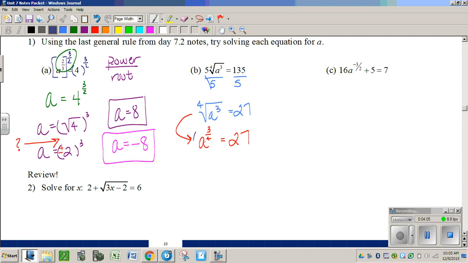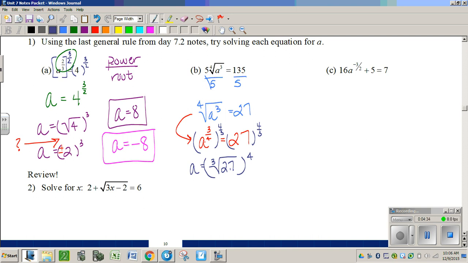Okay, now raise it to its reciprocal. So we're going to raise both sides to the 4/3 power. So on the left, I have a, but on the right here, I now have to take the cubed root of 27 and raise it to the 4th power. Now, cubed roots can be positive or negative, but when you're solving, if you're taking the cubed root of a positive number, then your answer is going to be positive.